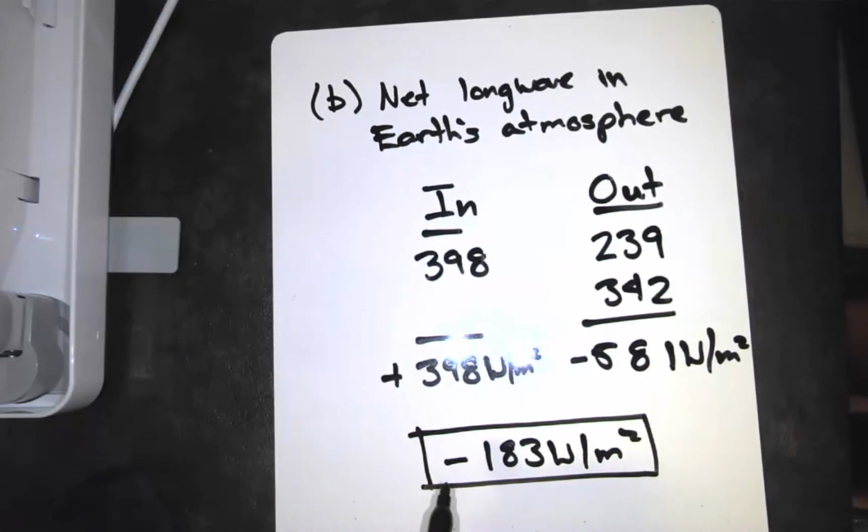So there's sort of two important things that we can take away from this value of minus 183. The first is that the value is not zero, so the fluxes do not balance. The second is that the sign is negative, and because of the way that we defined incoming and outgoing radiations with the sign, that means that the negative sign implies that long wave radiation serves to cool the atmosphere because there are 183 watts per square meter leaving.